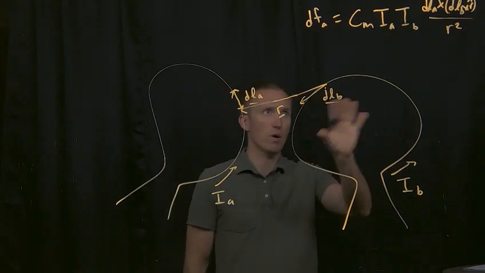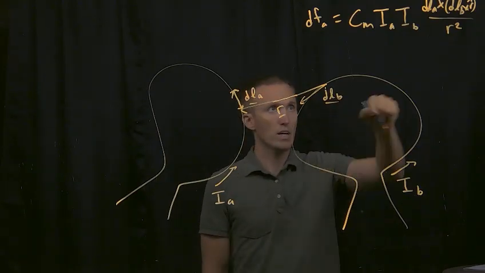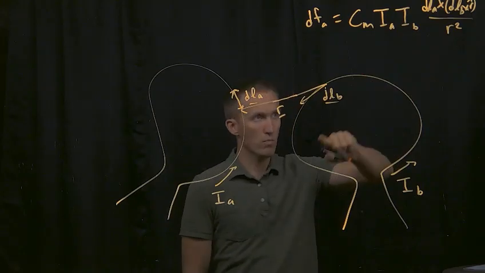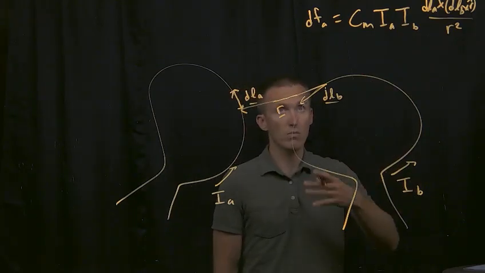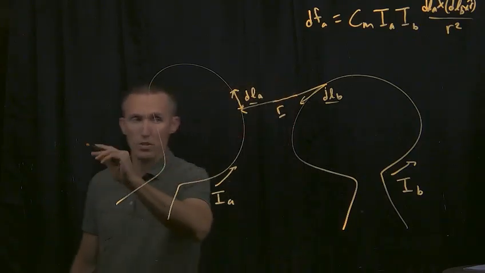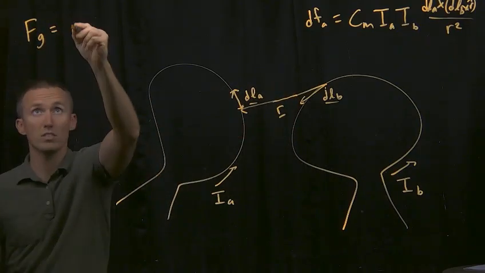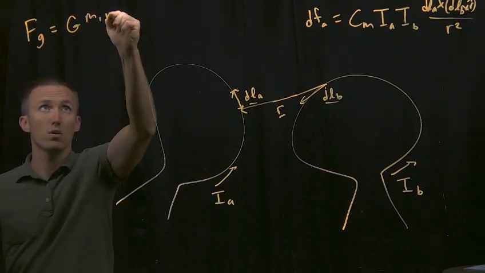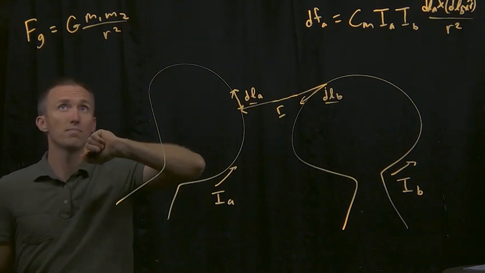But I want to simplify this down a little bit because, as the book does, and write part of this in terms of something which looks more like what we talked about with the gravity field, right? So when we have the gravity field, let me just put that up over here for reference. We said gravity force is equal to G mass 1, mass 2, divided by distance squared.